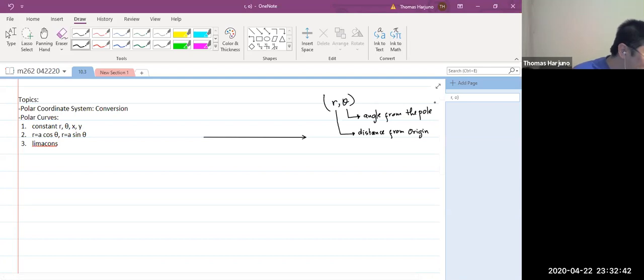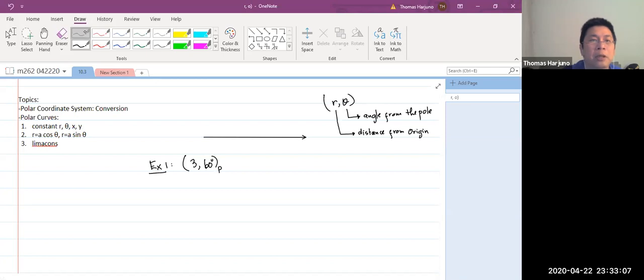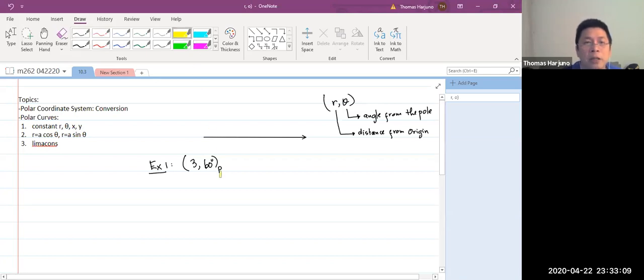Then suppose, for example, we have a coordinate from the polar axis. I call it a pole. Now suppose I have, for example, the coordinate 3, 60 degrees in polar. I usually use subscript P to emphasize that it's in polar.